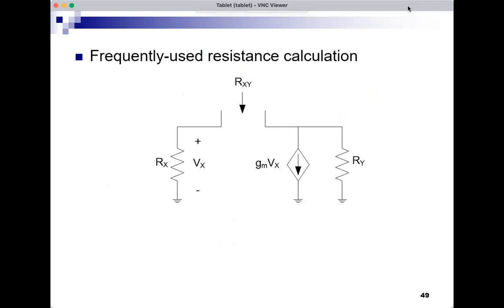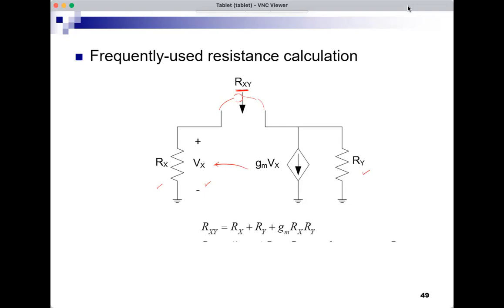So if I have a circuit like this, which is similar to the one that we just analyzed, with a resistor Rx on this side and a voltage Vx across Rx, a resistor Ry on this side with a controlled current source in parallel with it, equal to Gm times Vx, so Gm Vx, which is here, then the resistance Rxy that I see if my test source is here is given by this formula.